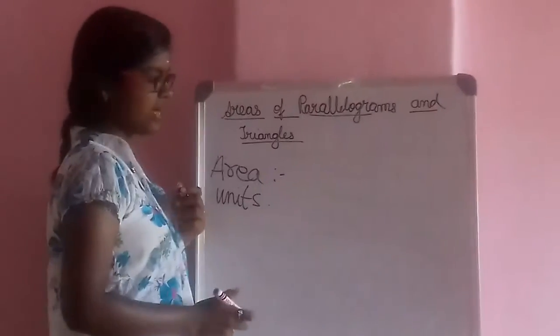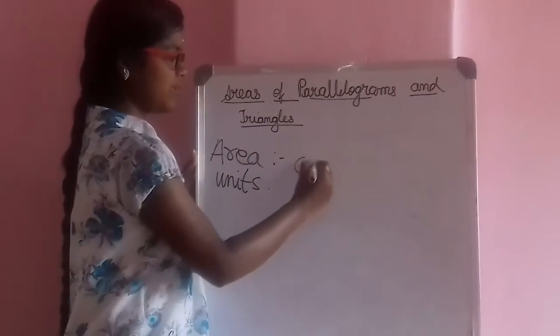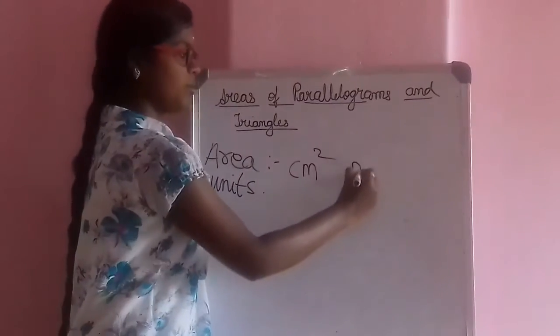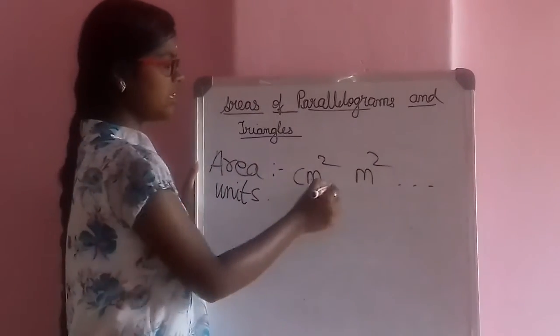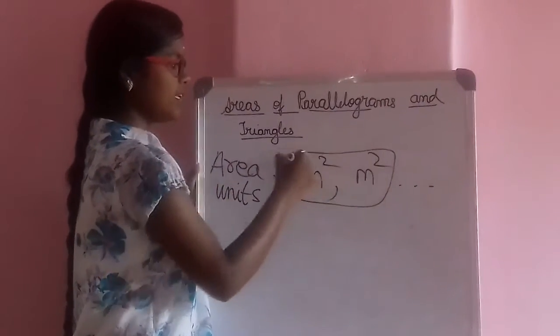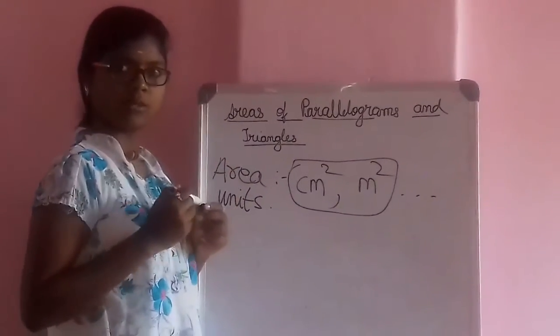Units of area are always written squared, either centimeter square or meter square. Usually we use centimeter square and meter square in almost all our problems.